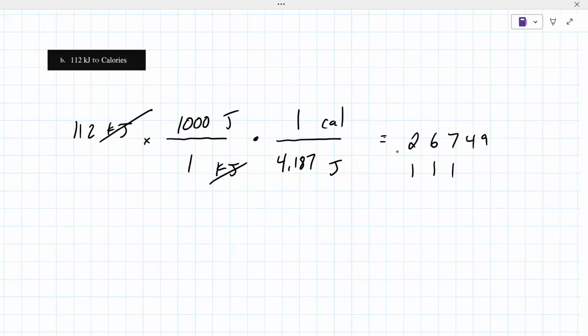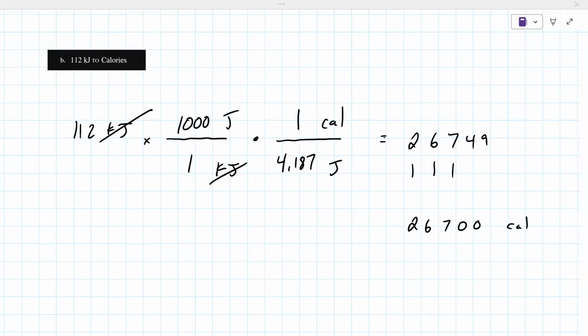It goes down, so you don't have to change the 7, but it becomes 26700 calories. Does that make sense? Yeah. This one had an extra little conversion in it to get to the right units, and you did great on that.